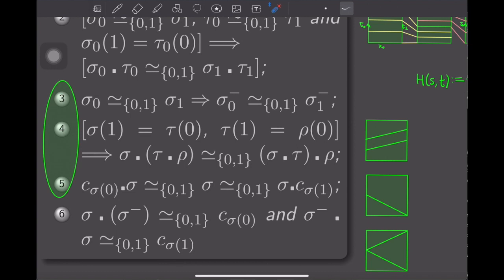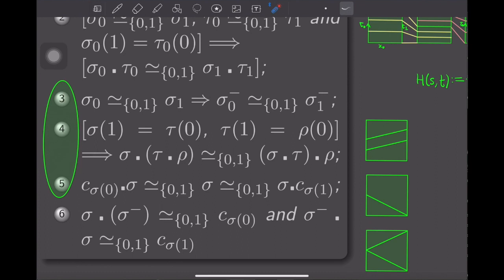And if tau begins where sigma ends, and rho begins where tau ends, so that I can concatenate sigma and then tau, and tau and then rho, and actually I can form these concatenations, sigma concatenated with tau dot rho, or the other way around, right? Kind of to test associativity.